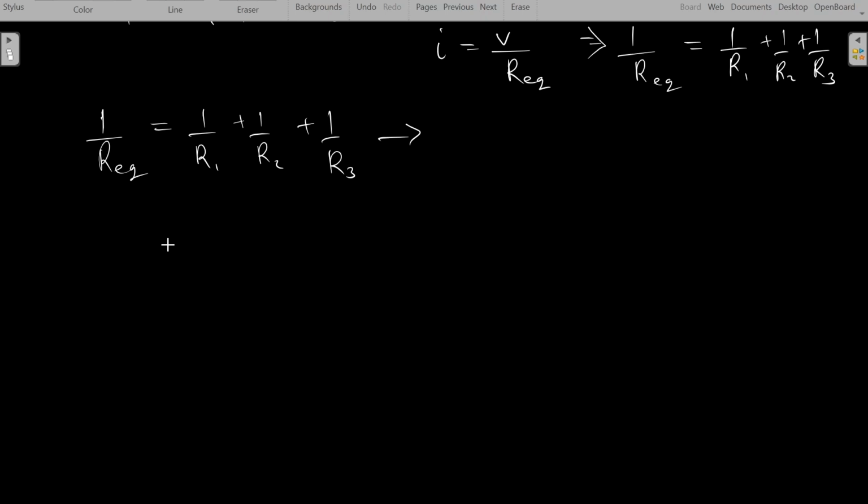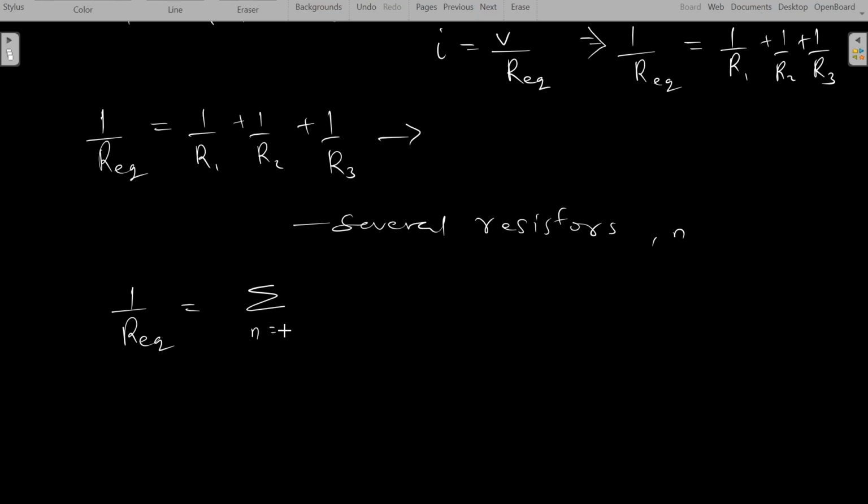So from this point, what if we have several resistors? For a number of resistors, say n, we use the expression 1 upon R equivalent equals the summation from i equal 1 to n of 1 upon Ri. So this is for several resistors.